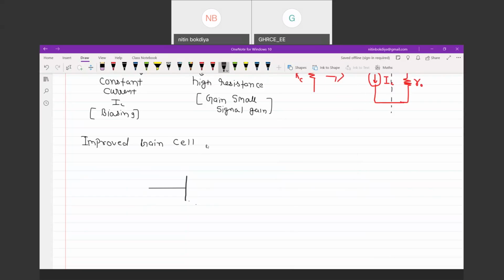Here I can use one current source. This is your VCC, and this is the base, where we supply the input, and we take the output voltage from here.